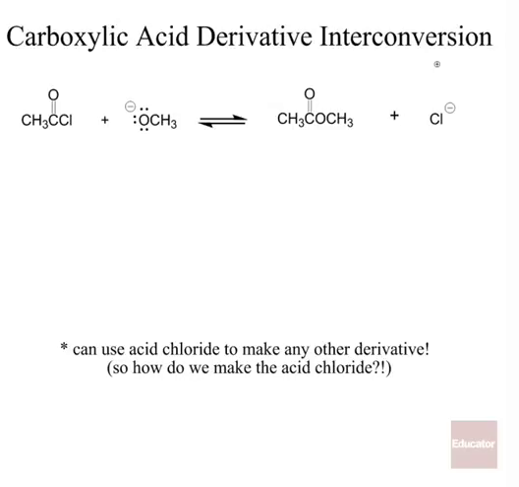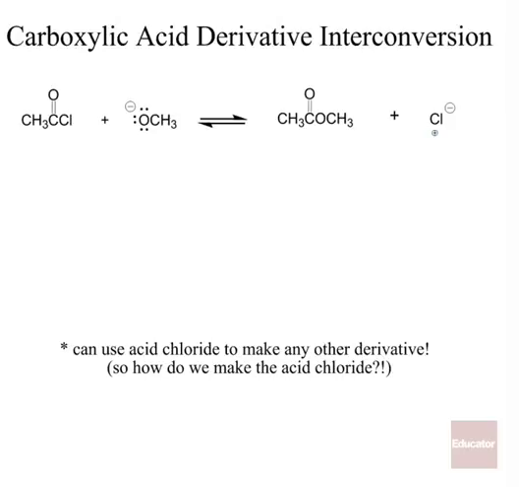For example, if I were to take an acid chloride and react it with methoxide, I could look at the product where the chlorine and the methoxide have exchanged. We've done a substitution where now I have an ester and the chloride leaving group.